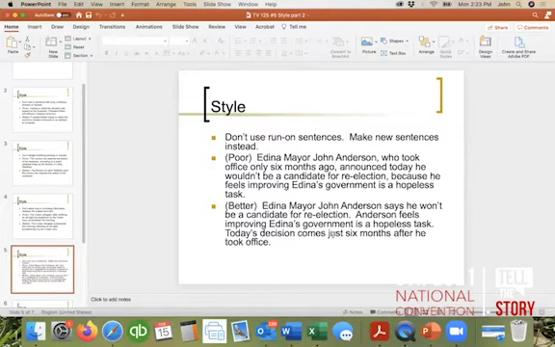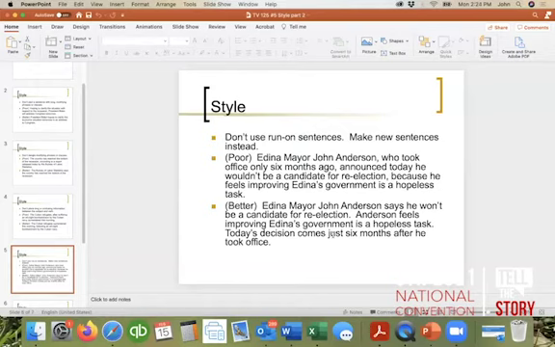Edina Mayer John Anderson, who took office only 6 months ago, announced today he wouldn't be a candidate for re-election because he feels improving Edina's government is a hopeless task. Boy, that's a long sentence and that's a big mouthful. Rewrite it, put it into 2 sentences. Edina Mayer John Anderson says he won't be a candidate for re-election, or won't seek re-election, even fewer words.